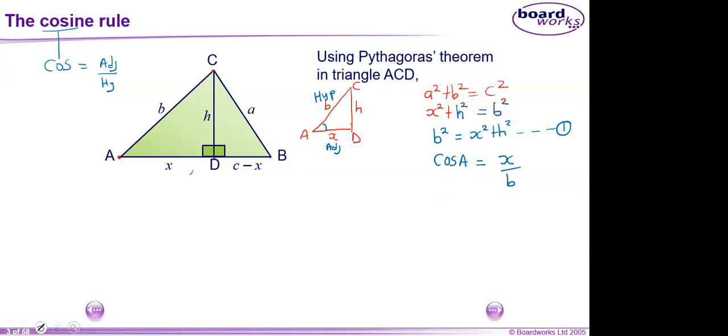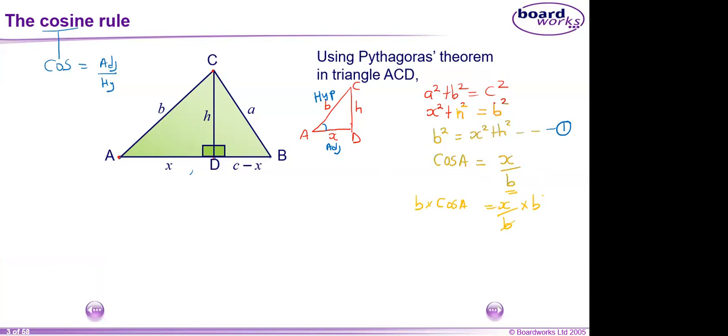Now I'm going to go on and make my x the subject. To make x the subject, I'm going to remove this b. When I have cos of A equaling to x out of b, I multiply this side by b, and I multiply this side by b.